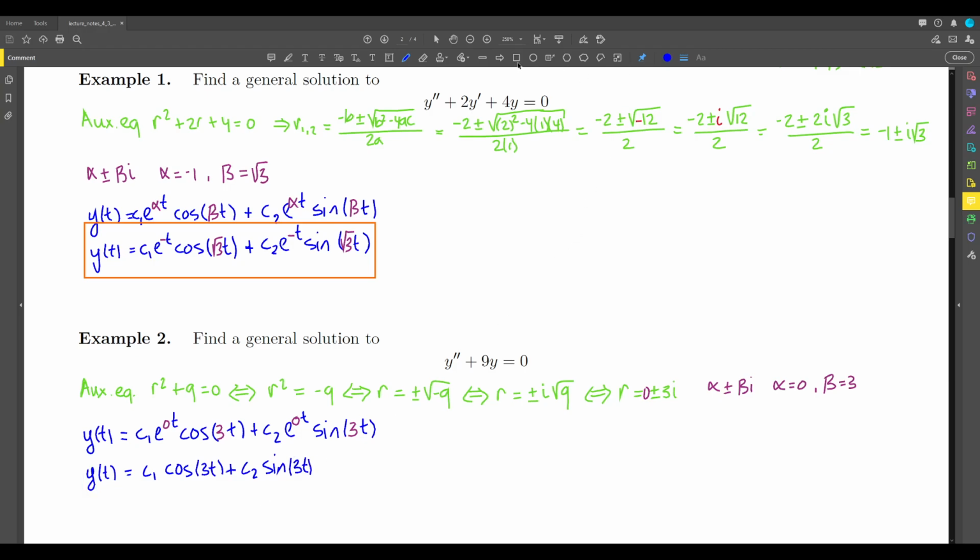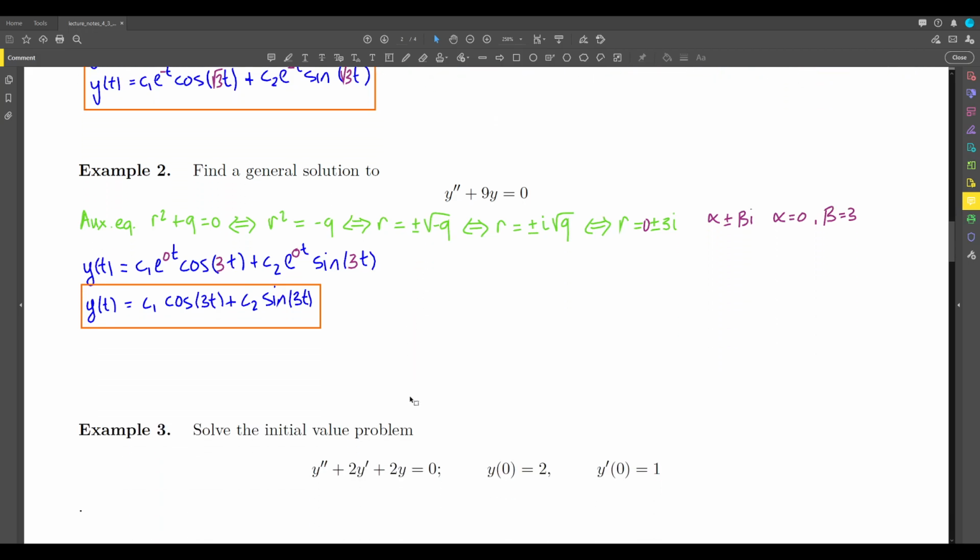And that's our final answer. And in this case, it's not too hard to actually plug that in here and verify that it is a general solution to this differential equation.